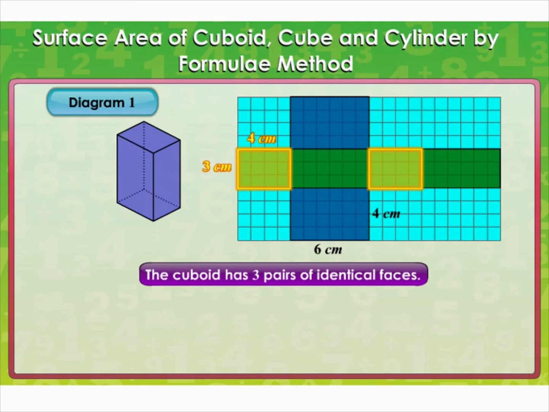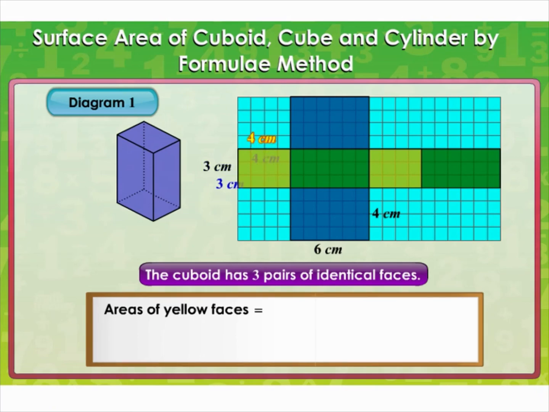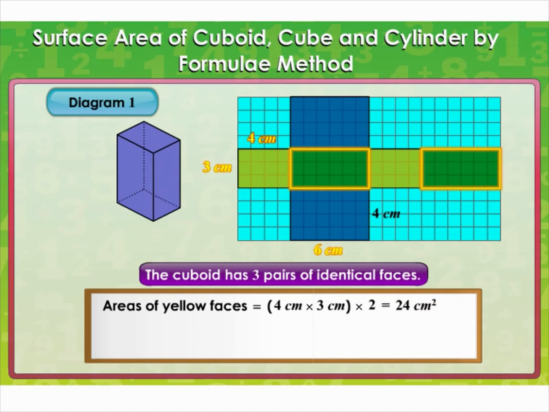The yellow faces measure 4 centimeters by 3 centimeters. The area of the yellow faces is 4 centimeters into 3 centimeters into 2. This equals 24 square centimeters. The green faces measure 3 cm by 6 cm.